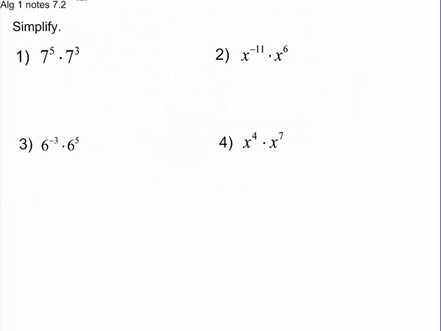Alright, so let's look at a few examples. Again, same base. That's very important. They have the same base, so we can just write it as 7 to the 5 plus 3, or 7 to the 8th. Here, still same base. So this is x to the negative 11 plus 6, which equals x to the negative 5.